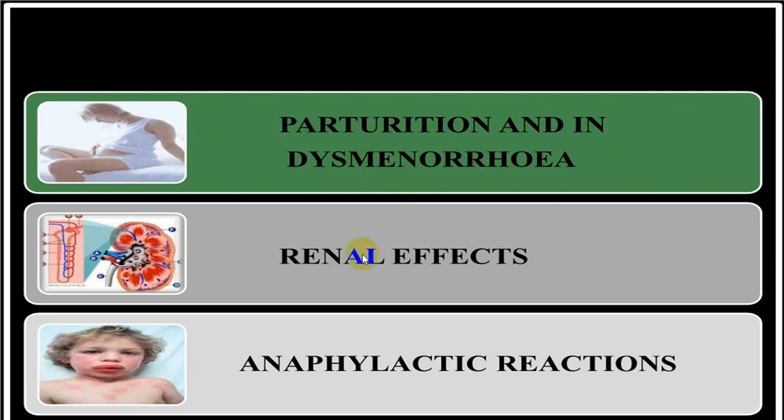It is partly nephrotoxic, so do keep it in mind. Unusual dose for a longer period can give rise to kidney damage. Particularly aspirin can give rise to anaphylactic reaction. So whenever you use aspirin, be aware of anaphylactic reaction.